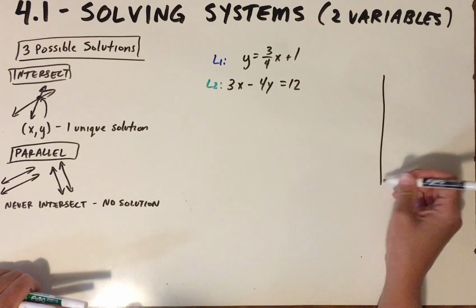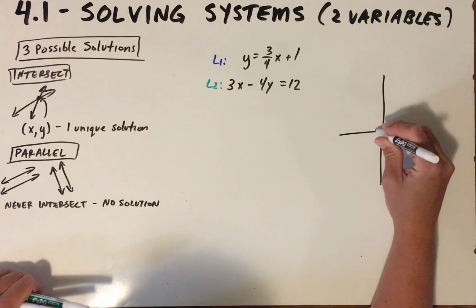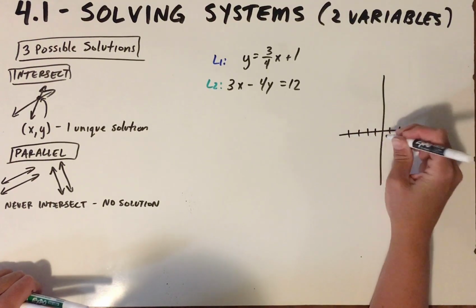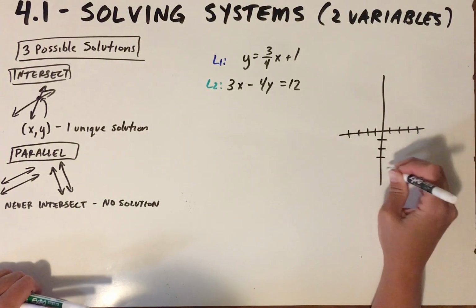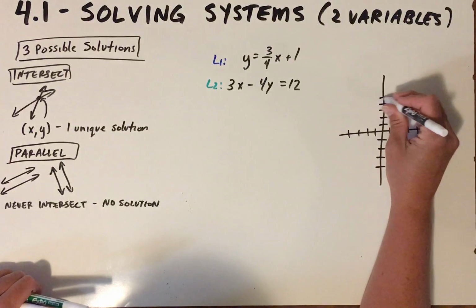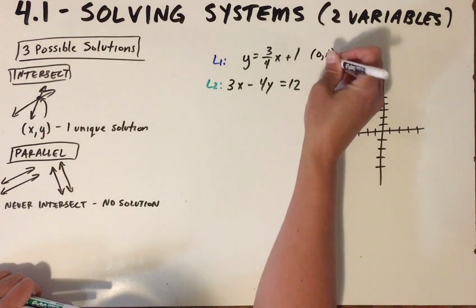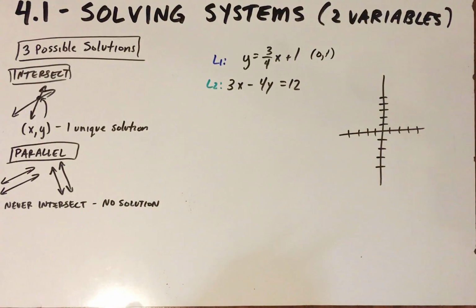So I'm just going to draw out my graph real quick. My ordered pair that I'm looking at is the point 0, b, so this is 0, 1.